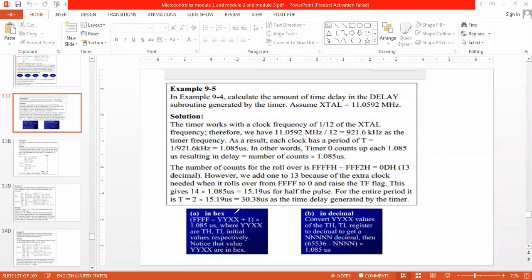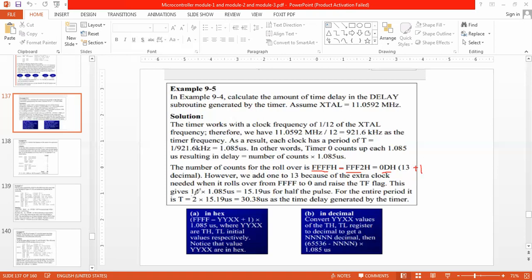We take the maximum count value minus the initial value, 0Dh, which gives 13, plus 1, so 14.